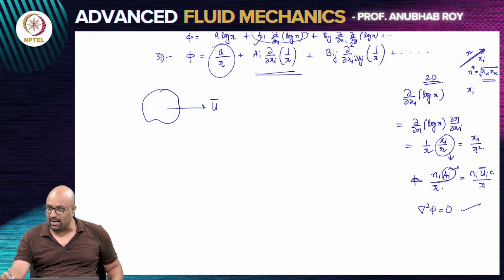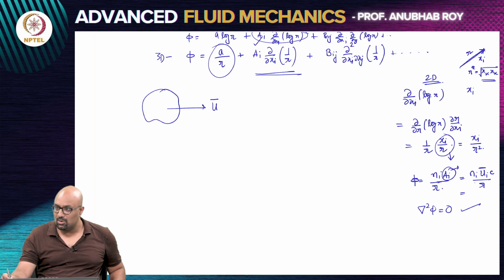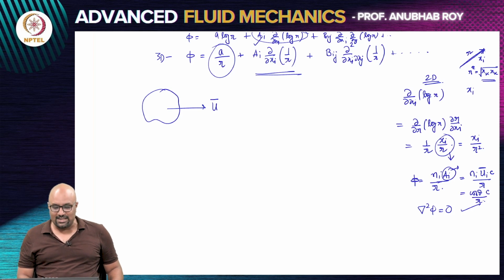So, Ui Ni, and what is Ui Ni? Ui is the direction of the motion of the body and N is the normal. So, it should be cosine theta into some constant by R. So, this is basically recovering that potential doublet from this piece.